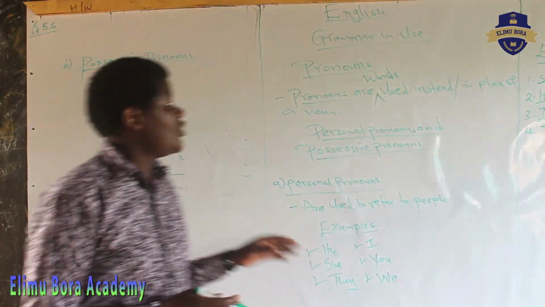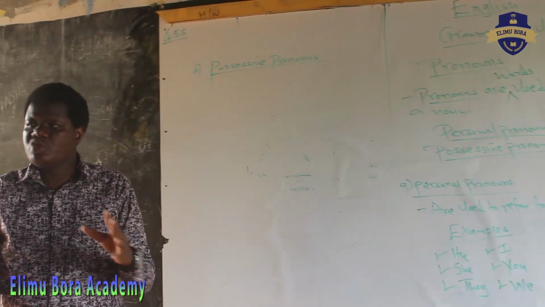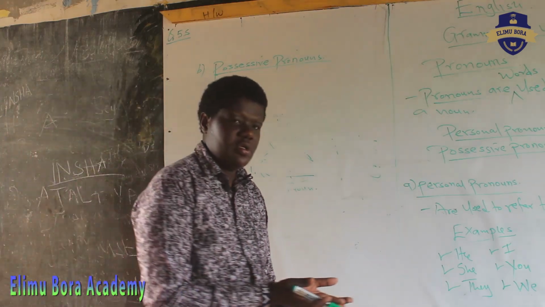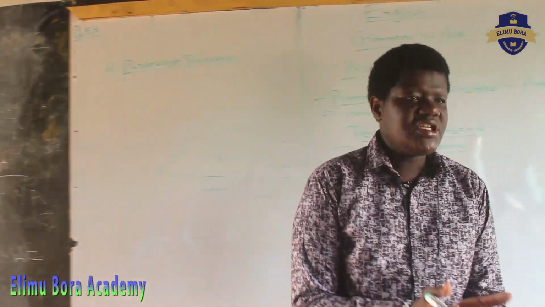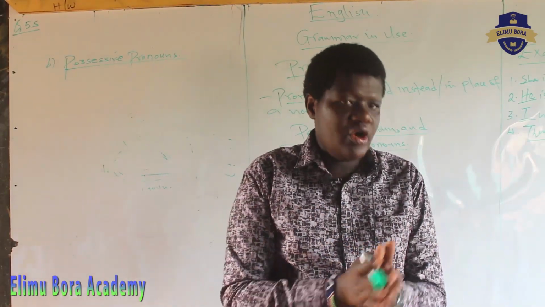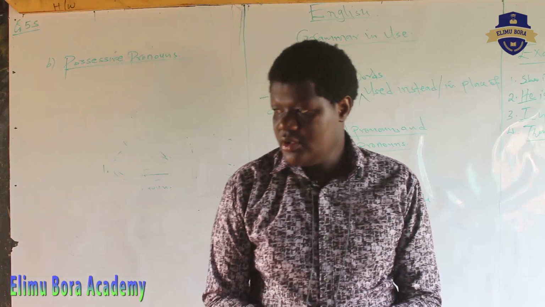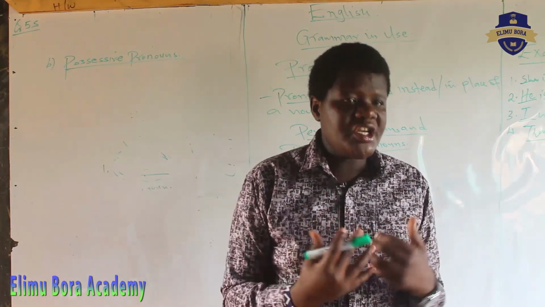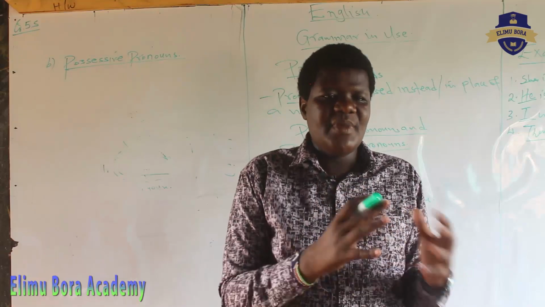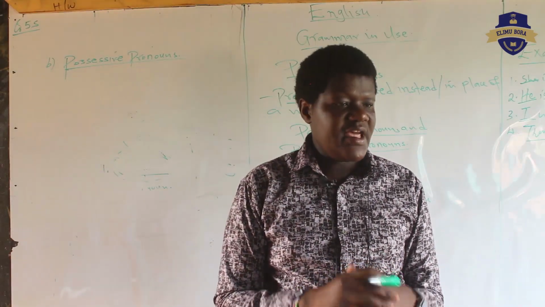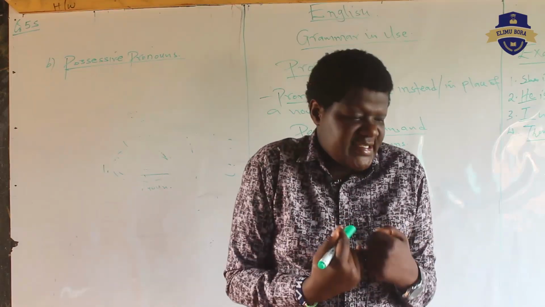So these are pronouns that are used to show ownership. When I say ownership, it means that whatever you're talking about belongs to somebody. So possessive pronouns are used to show ownership, or to show that something belongs to someone.